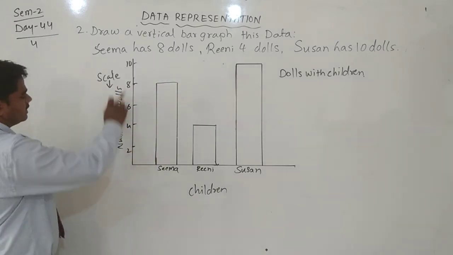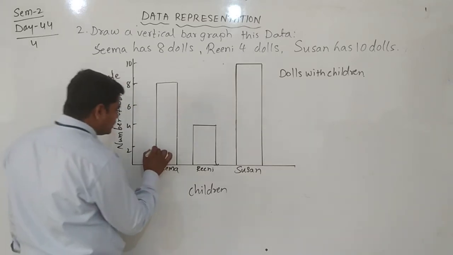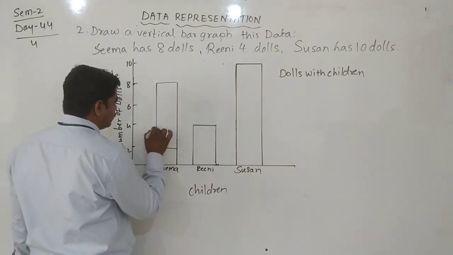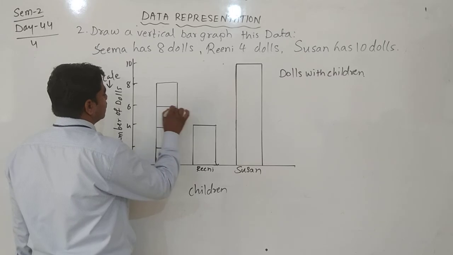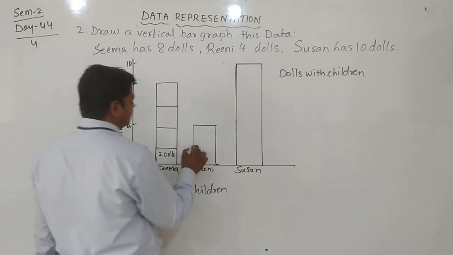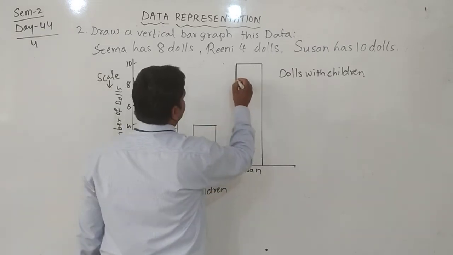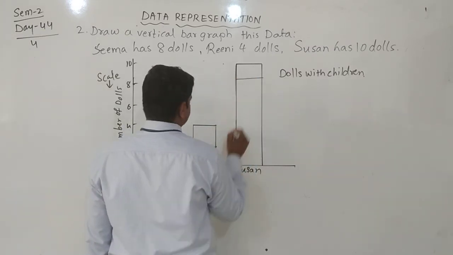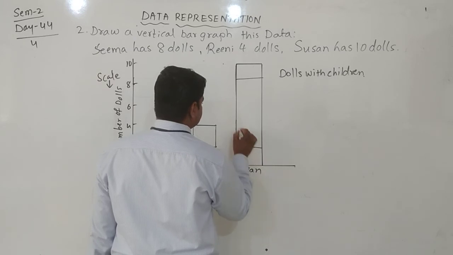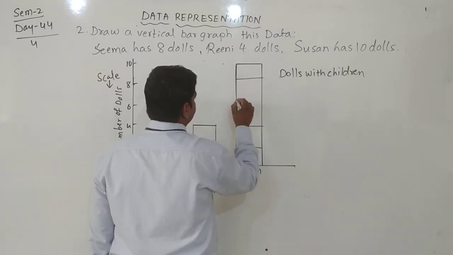The scale is number of dolls. One bar is equal to 2 dolls. Here total how many are there? 1, 2, 3, 4. Here 2 bars for Rini, 5 bars for Sushan: 1, 2, 3, 4, 5.